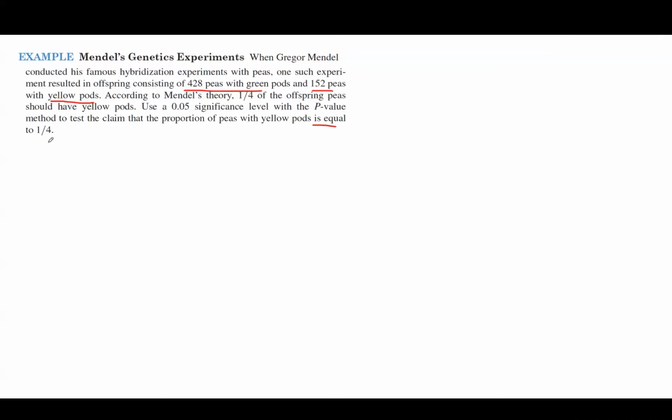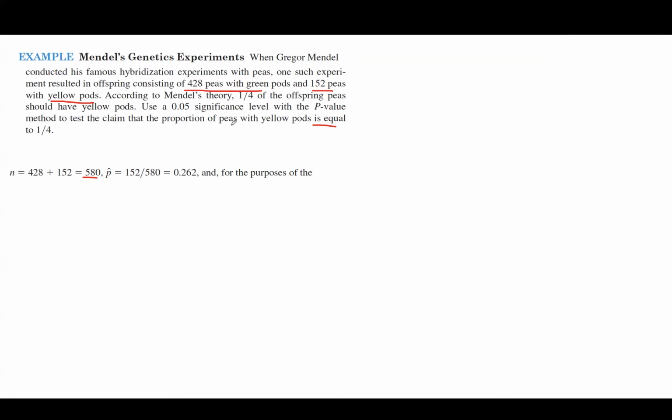1/4 or 25%. So first of all, the sample size is 428 plus 152, which is 580. So this is your sample size. P hat, which is 152 divided by 580, gives you 0.262. Why are we using 152?